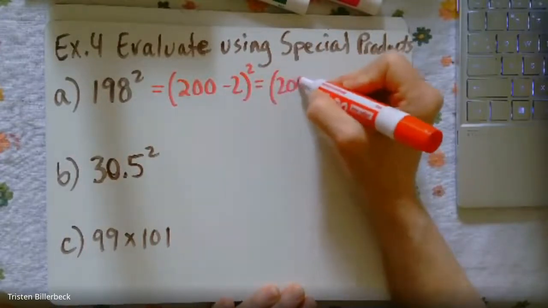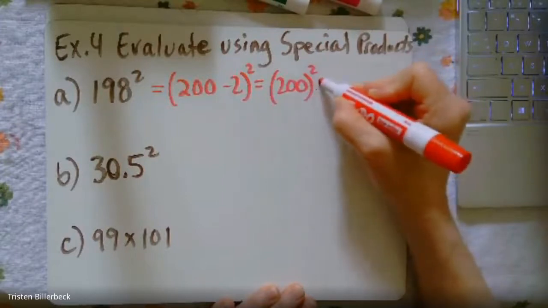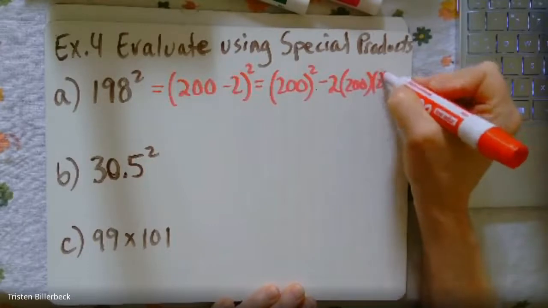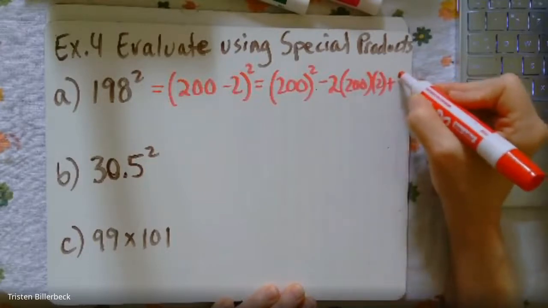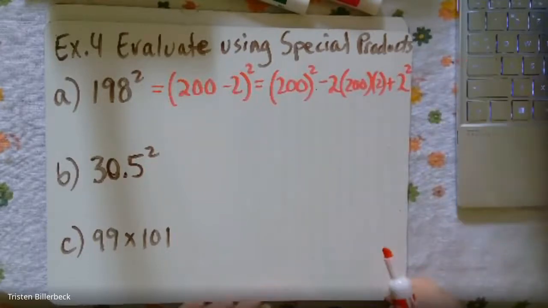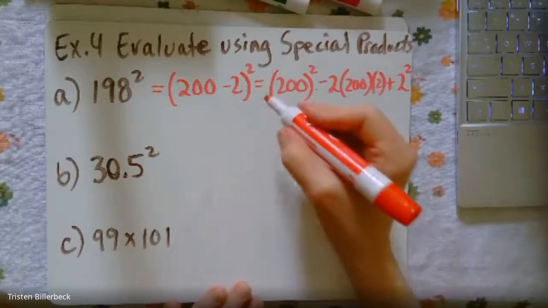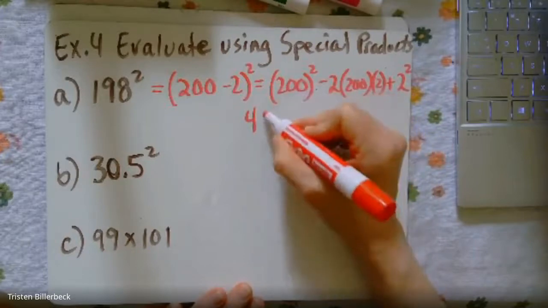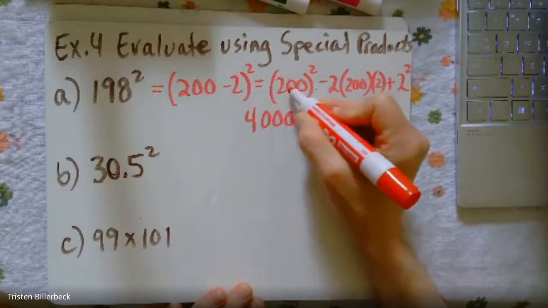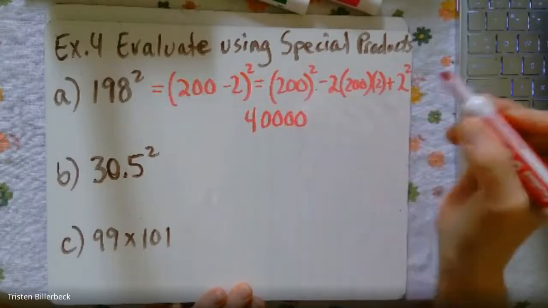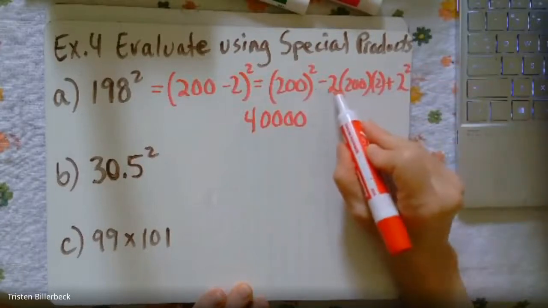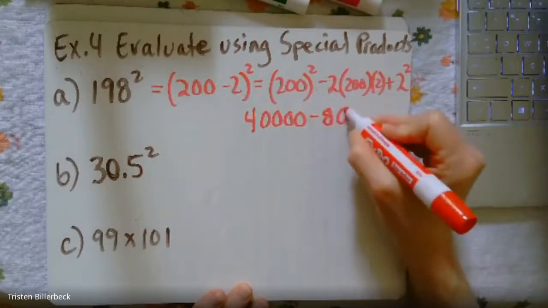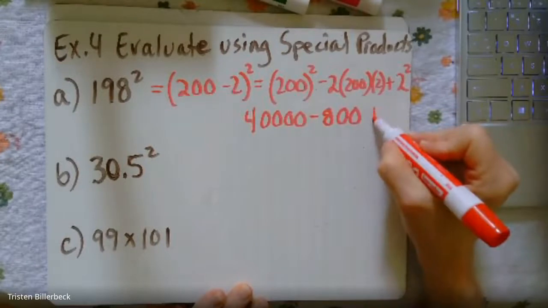So that's 200 squared minus 2 times 200 times 2, and then plus 2 squared. 200 squared is 2 squared is 4, and then we have 4 zeros, because if you're squaring 2 zeros, that makes it 4. Then this one's negative 400 times 2 is negative 800, plus 4.